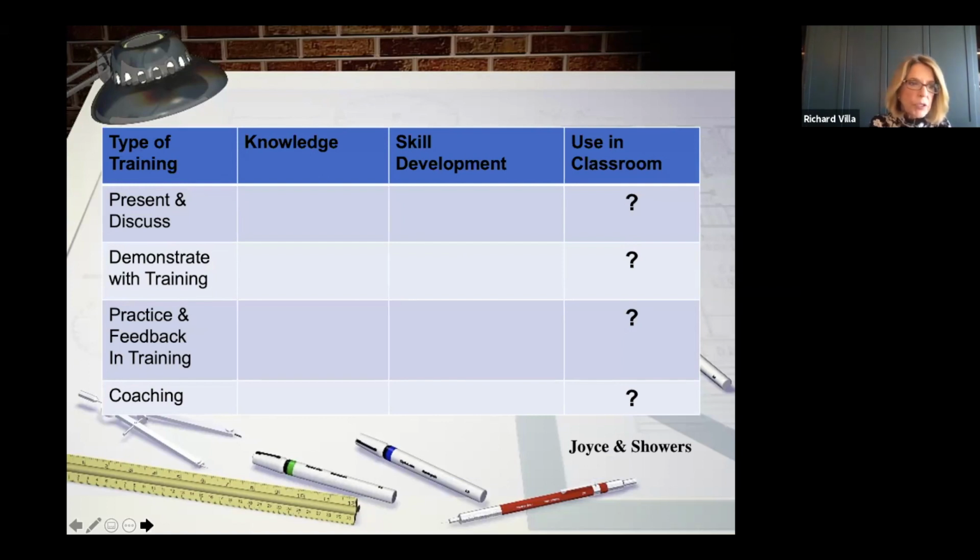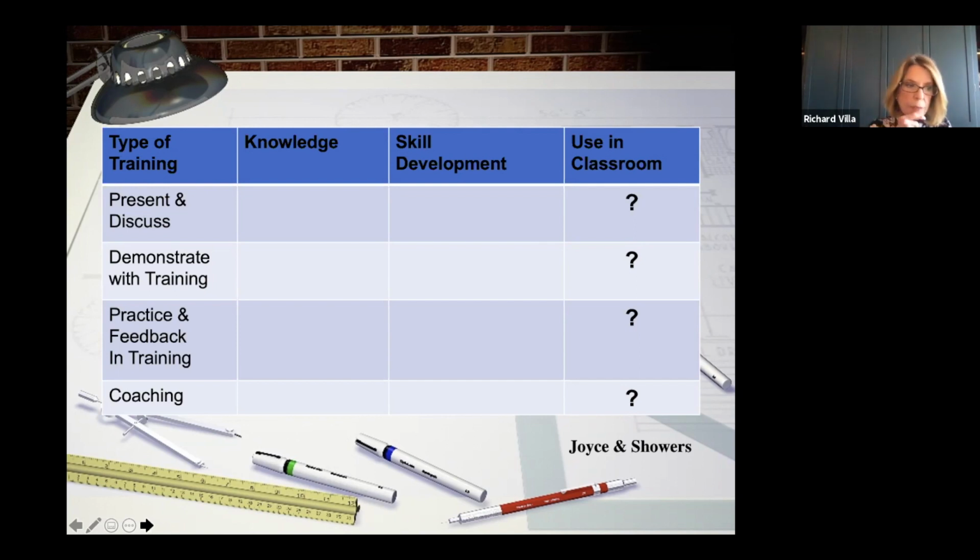So educators, as you know, experience everything from attending a presentation with discussion, the first item, to experiences that add in demonstrations of the practice being taught, to trainings where participants get to actually practice and receive feedback during the training, and then where training is supplemented, that last row, with on-site coaching and with the actual students that the teacher is working with in the classroom. So we'd like you to look at that right-hand column, use in the classroom.